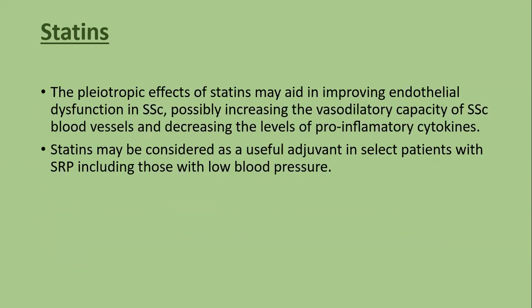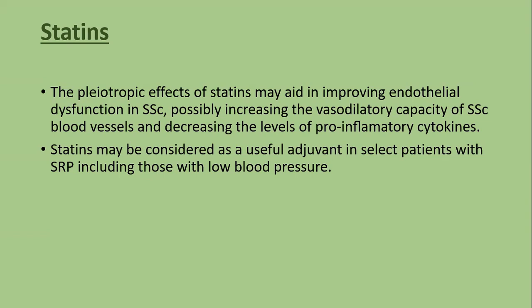Then statins. The pleiotropic effects of statins may improve endothelial dysfunction in systemic sclerosis, probably by increasing the vasodilatation capacity of systemic sclerosis blood vessels and decreasing the level of pro-inflammatory cytokines.